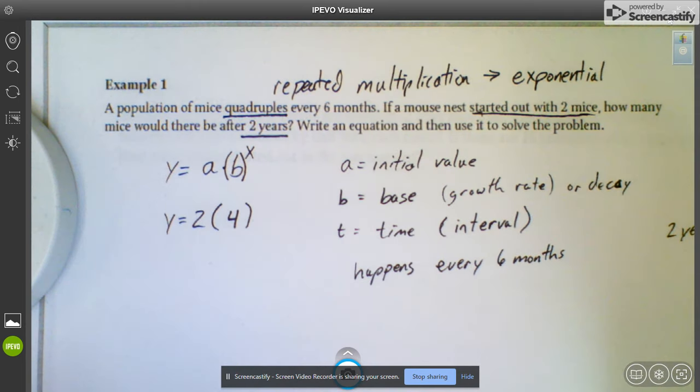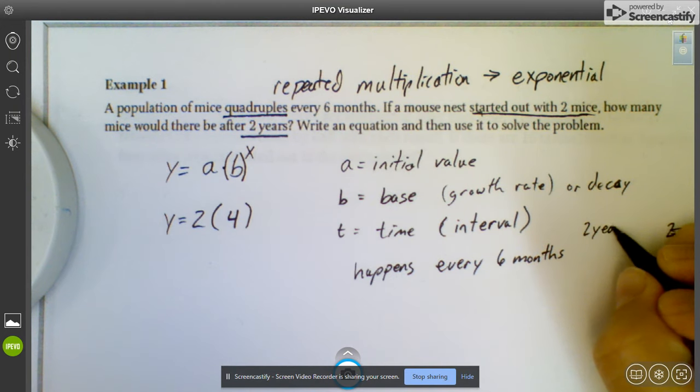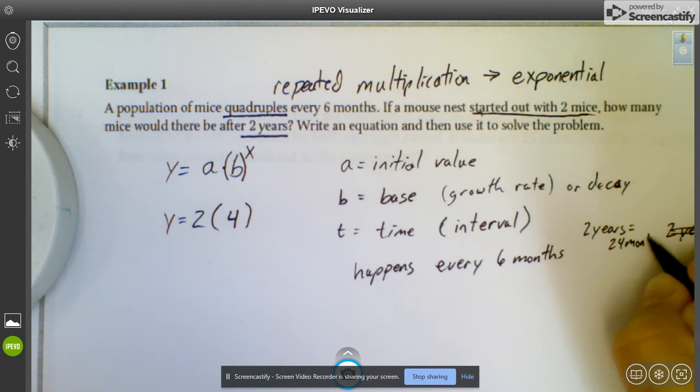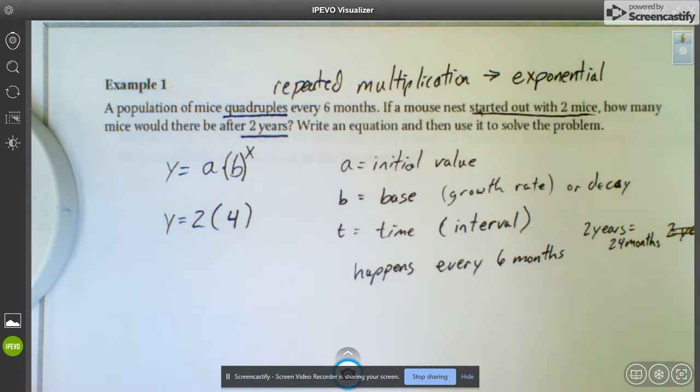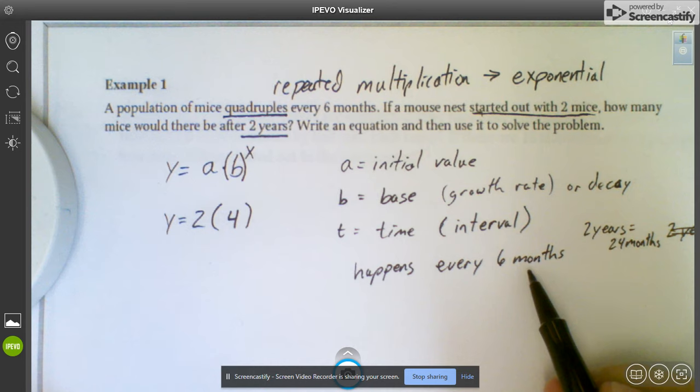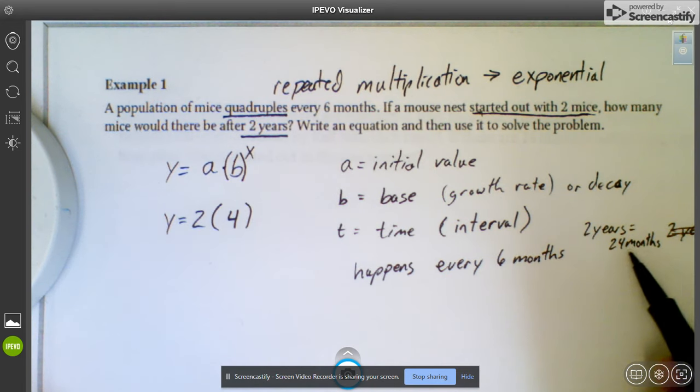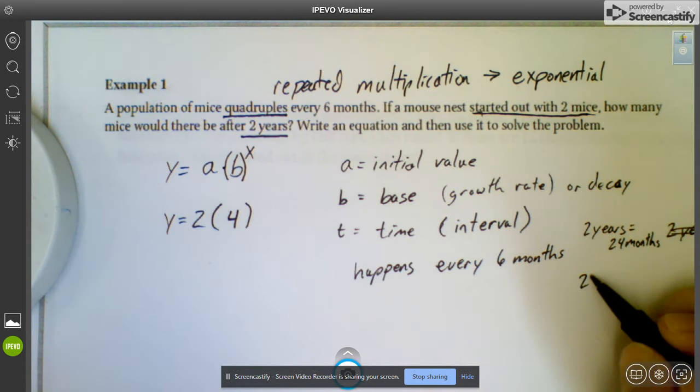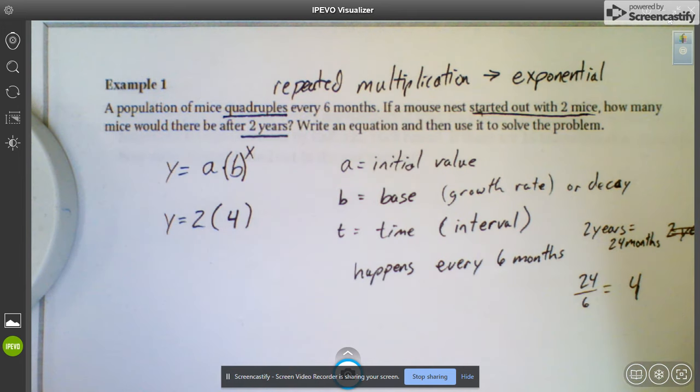Okay, y'all can't see that. Let me bring it over here. 2 years is 24 months. So my question is, if it happens every 6 months, how many times will it happen in 24 months? Well, 24 divided by 6 is 4. So it'll quadruple 4 times.